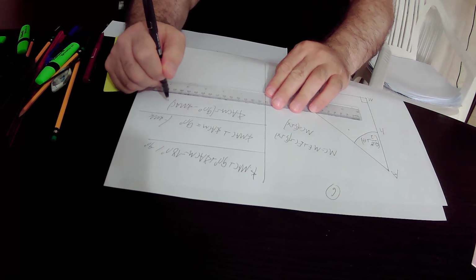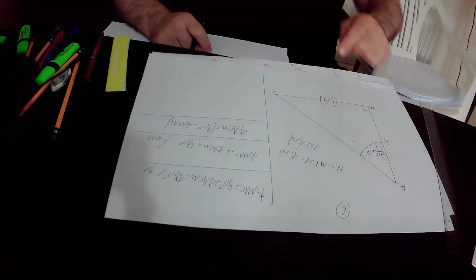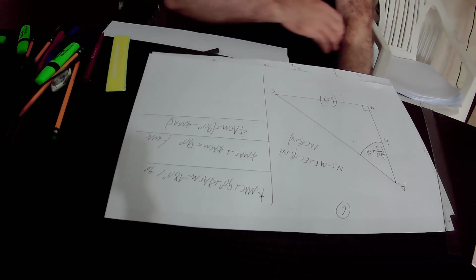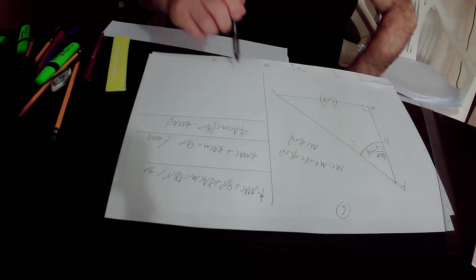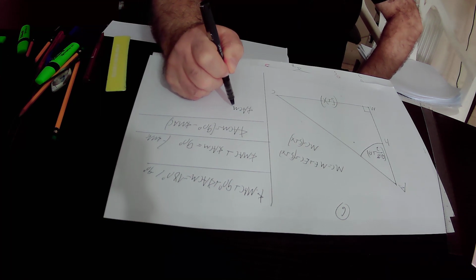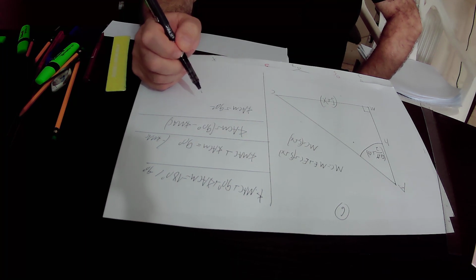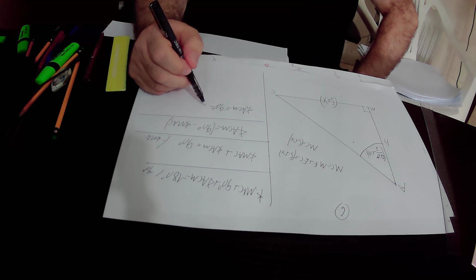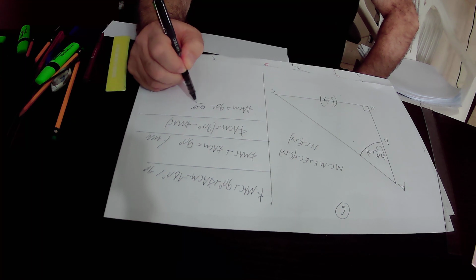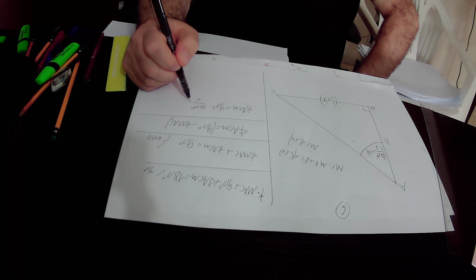But we have already found out that angle MAC equals theta plus alpha over 2 plus theta. So I write it down: angle ACM equals 90 degrees minus angle MAC, that is actually 90 degrees minus theta plus alpha over 2 plus theta.